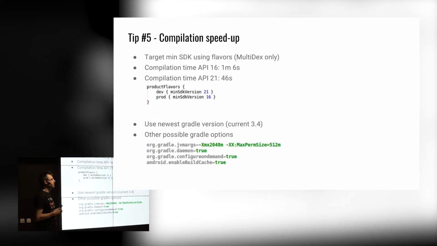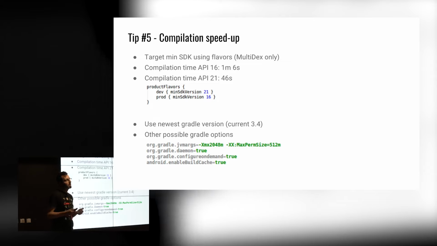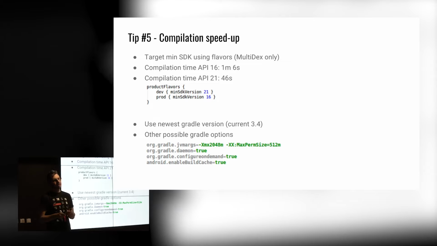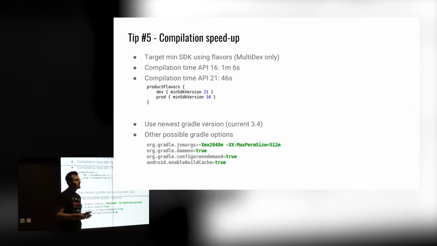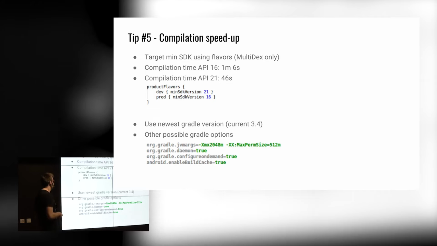And all you need to do to use this is, for example, specify product flavors in Gradle and make one flavor for development and one flavor for production and specify a different minimum SDK in each flavor. And then when I'm developing, I use the dev flavor, and when I want to build a release production version, I just type the production flavor.